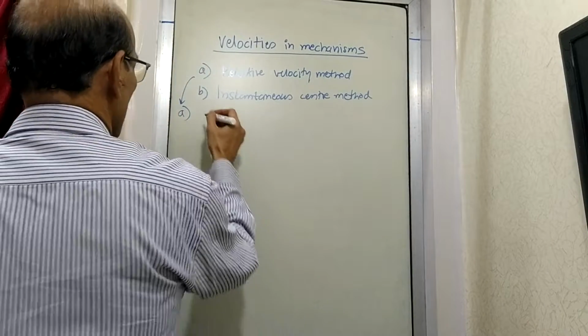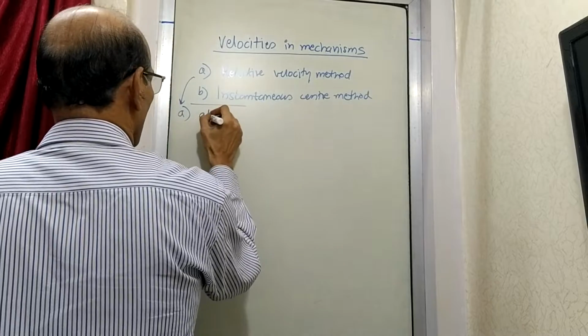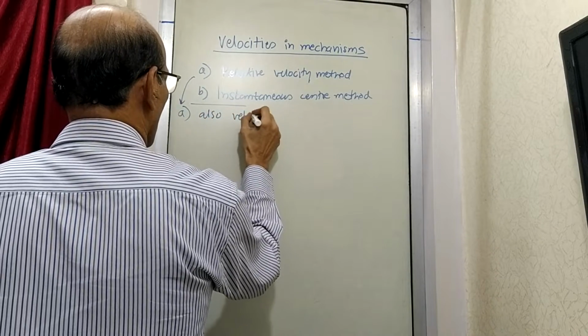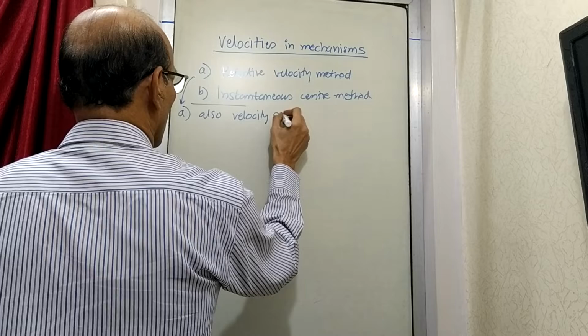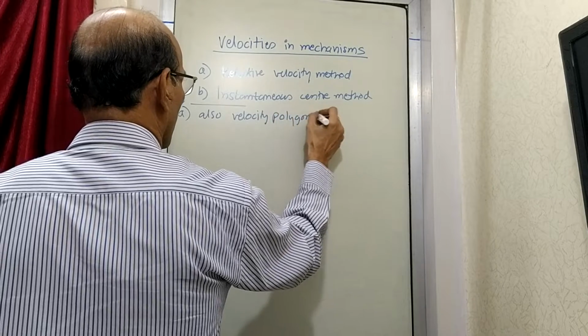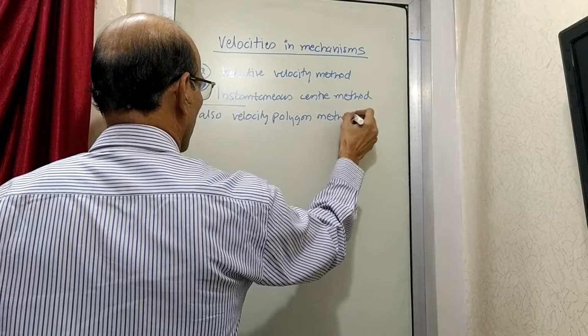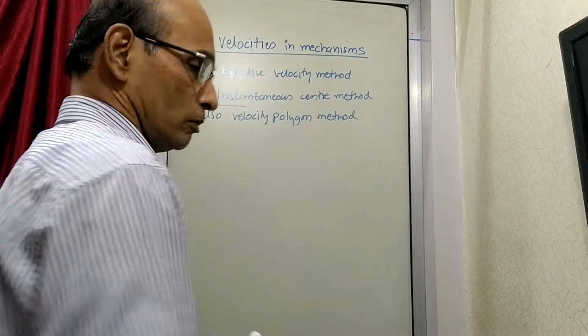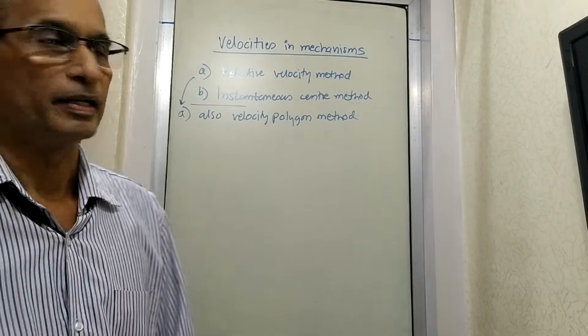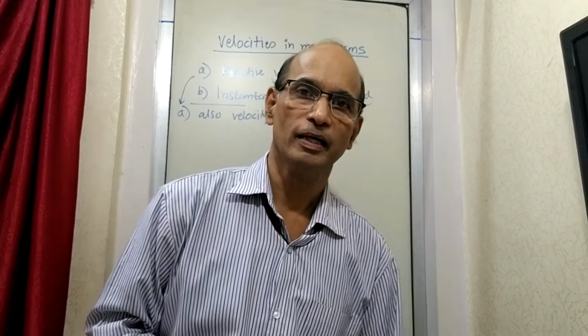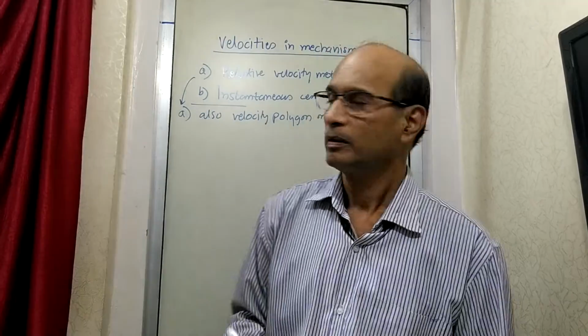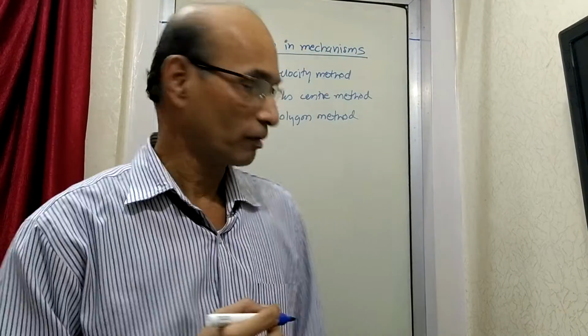It is also called the velocity polygon method. Velocity polygon method is another name. Now what we see here is the velocities which we are finding out.